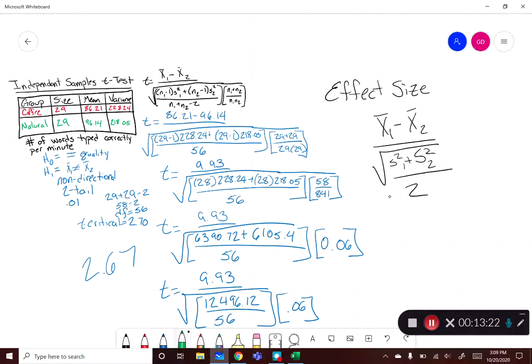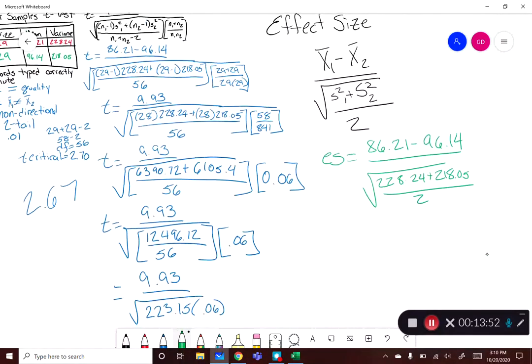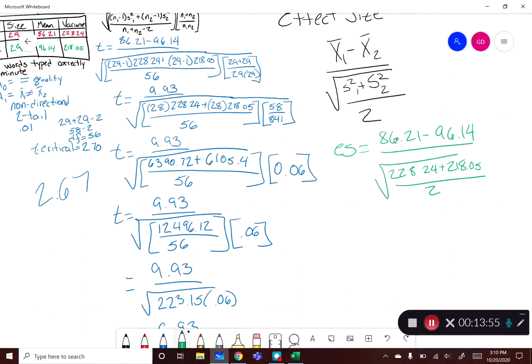Let's fill out for the effect size. So let's do ES equals 86.21 minus 96.14 over the variance of sample 1 of the coffee, 228.24, plus the variance of the natural, 218.5 over 2. So here, again, this should look familiar in the numerator, same as the t-test, so we already know that that's going to be 9.93.